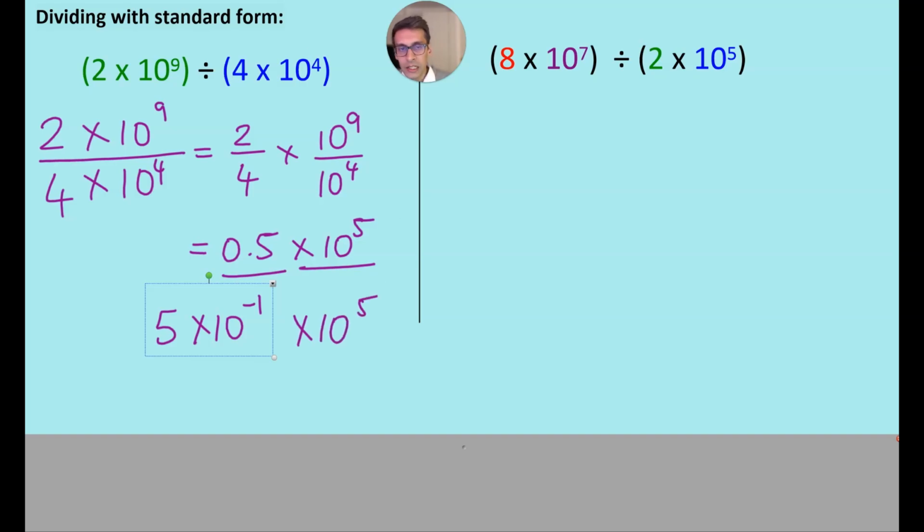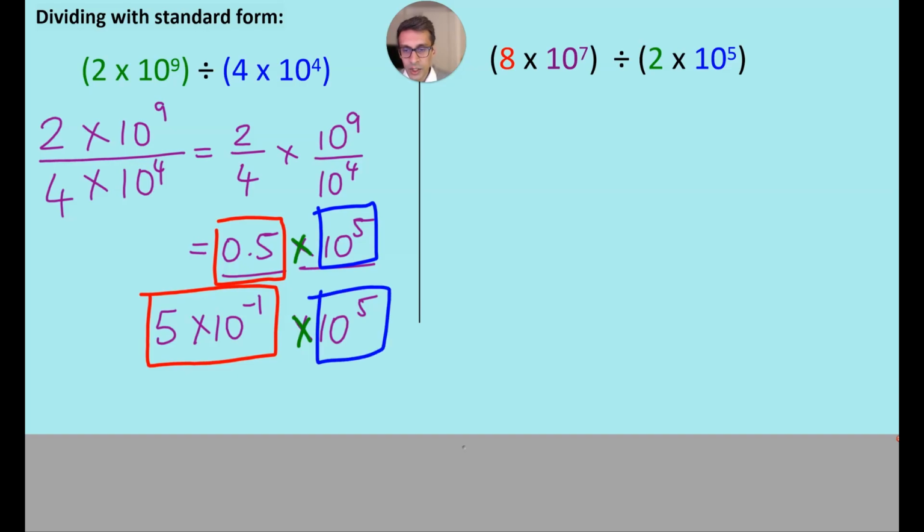So just to be clear, we have this number here is the same as this number here, and you are multiplying by this number here, which is the same as this number here. So both of these expressions are the same.